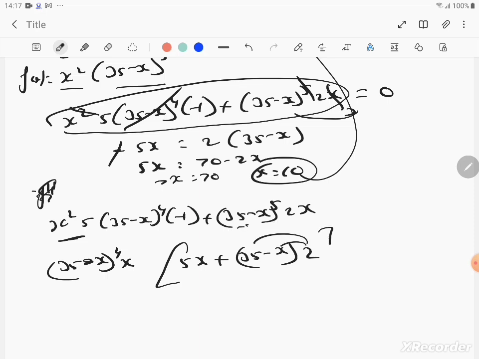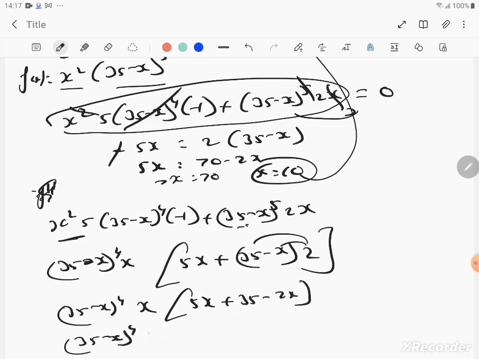Now, (35 minus x) to the power 4 will always be positive. X could be negative or positive, I don't know. So it's 5x plus 35 minus 2x. So you have (35 minus x) to the power 4 into x into 3x plus 35.